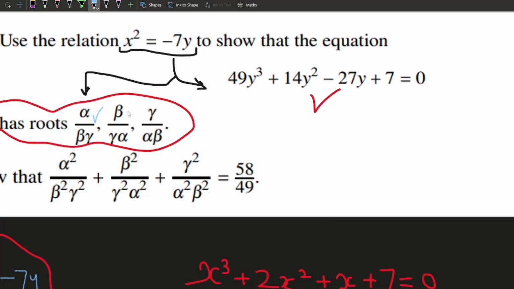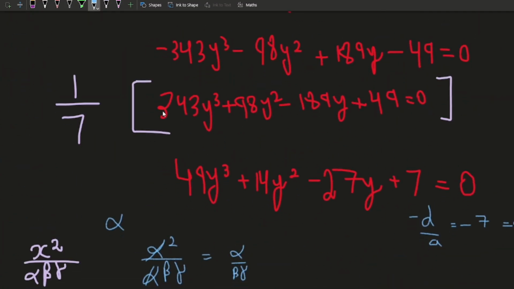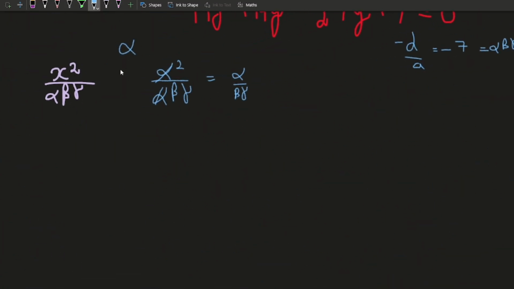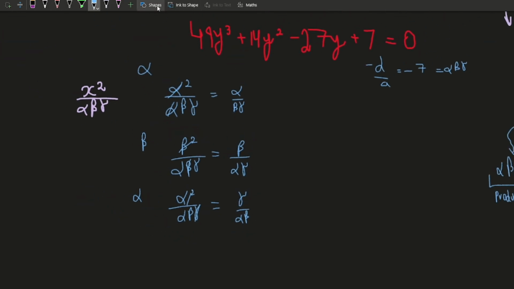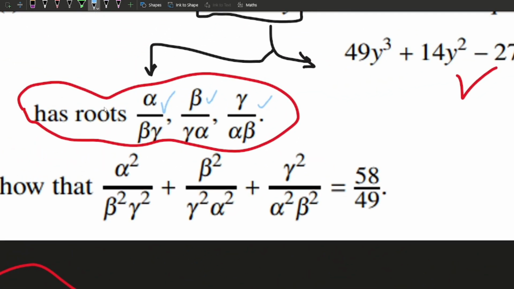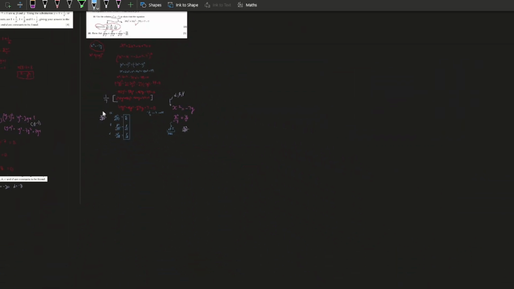Now, if we were to repeat this for beta and gamma, we should satisfy this as well. So now let me input beta. This would be beta square divided by alpha, beta, gamma. Beta and beta get cancelled. We are left with beta divided by alpha, gamma. Now for gamma, this would be gamma square divided by alpha, beta, gamma. Gamma, gamma cancels. We are left with gamma, alpha, beta. Do we have all three of these? Yes, we do.